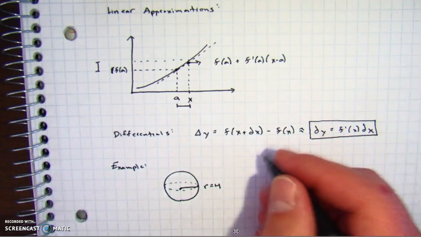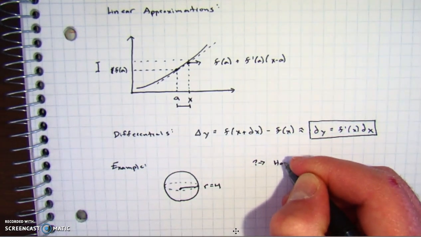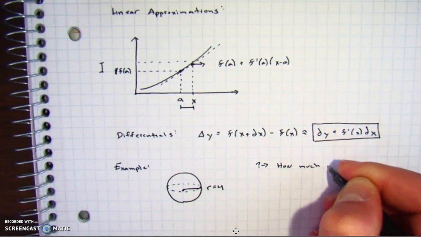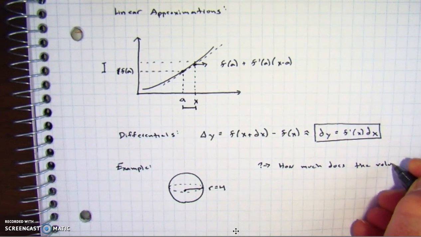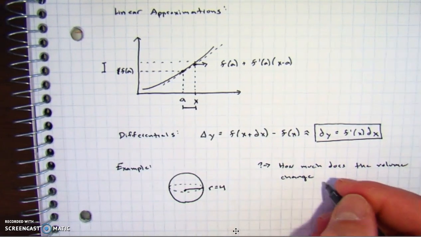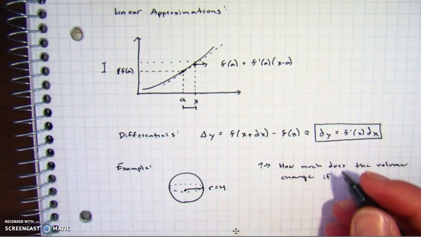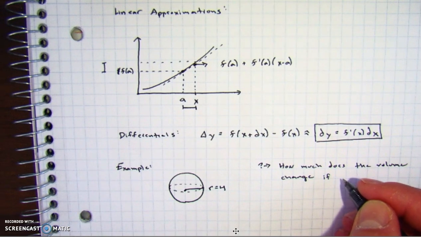Okay, so the question you might want to ask yourself, here's your question. How much does the volume change, so total volume change, if we increase the radius by 0.001?